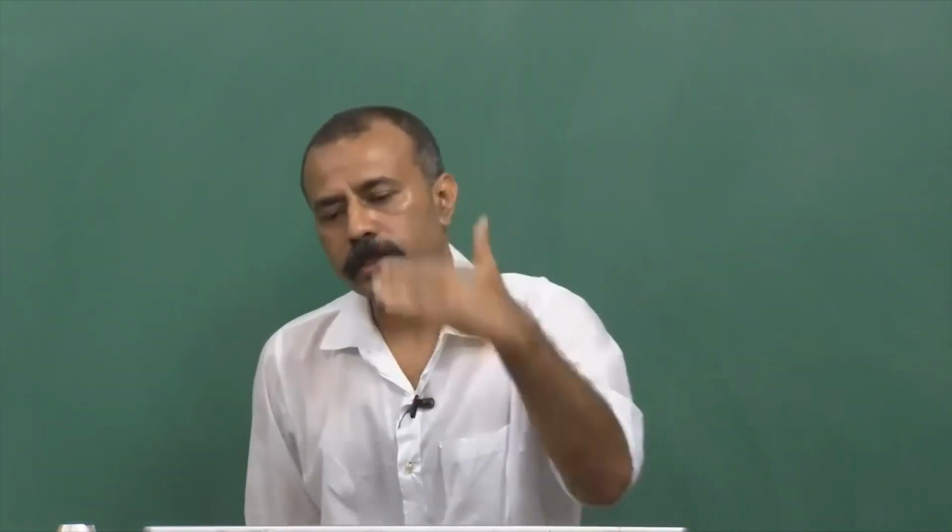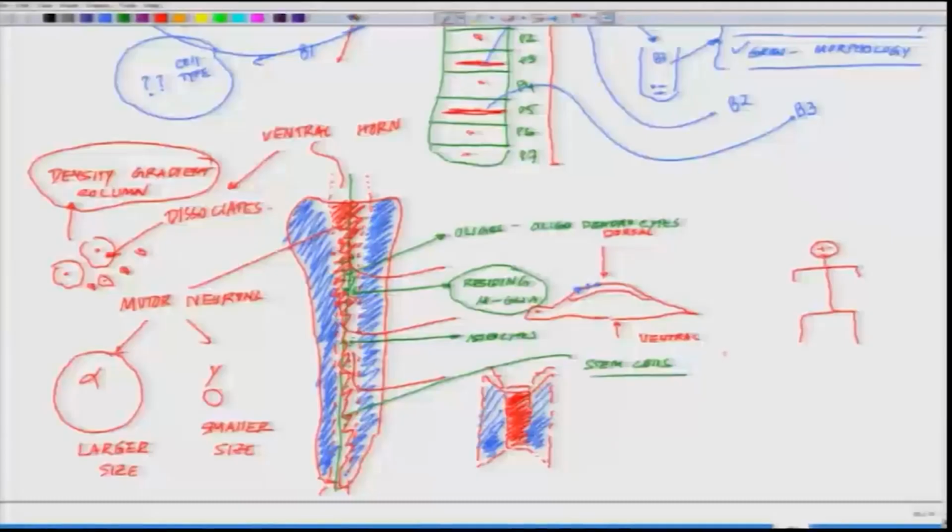Once you separate out these cells, what you will be achieving is something like this. On a density gradient column, the largest cells, which are the motor neurons, will form a wonderful layer, if you are really good at it, a small thin layer out here, which will be the pure motor neurons.